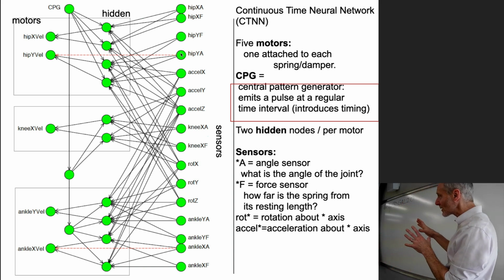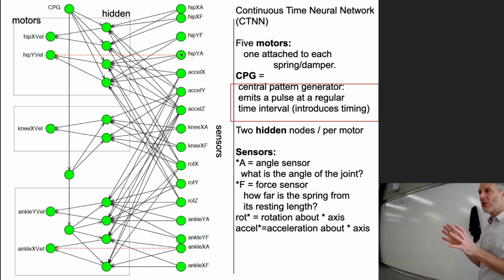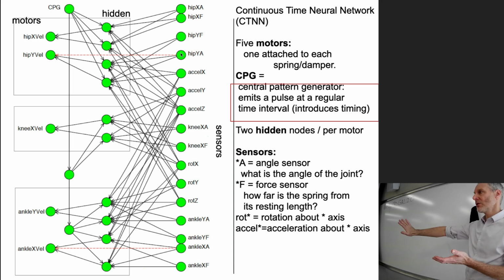It is actually, strictly speaking, a hybrid dynamic walker. There's going to be a little jolt coming from the motors in the very first time step of the simulation, and then the motors are going to go quiet for all the remaining time steps of the simulation.